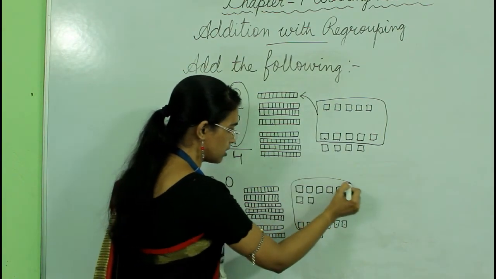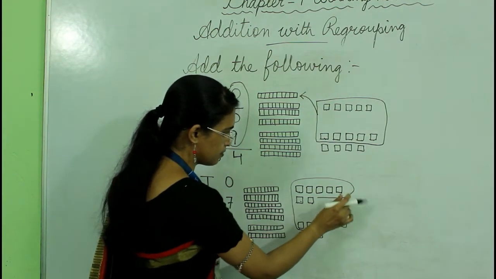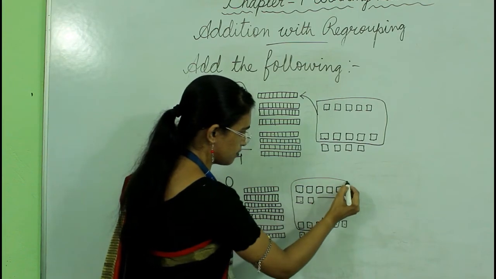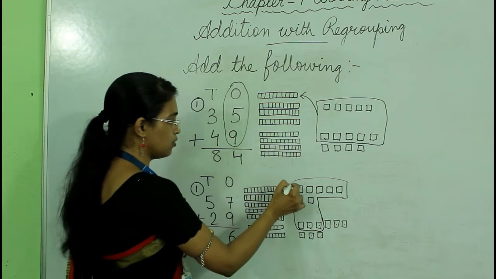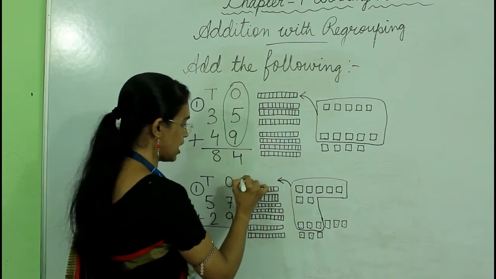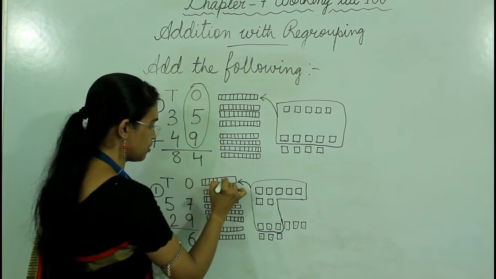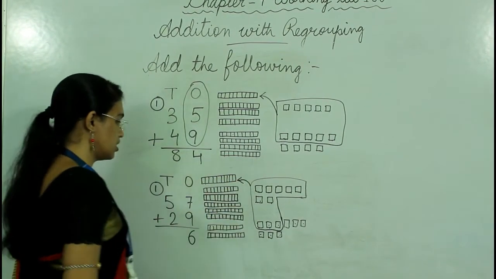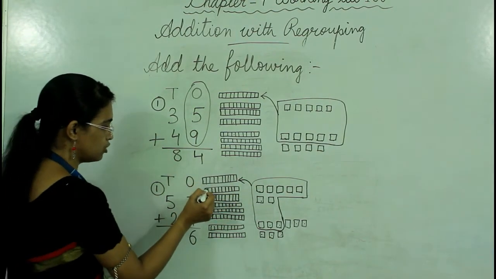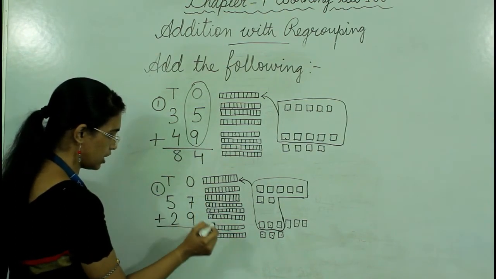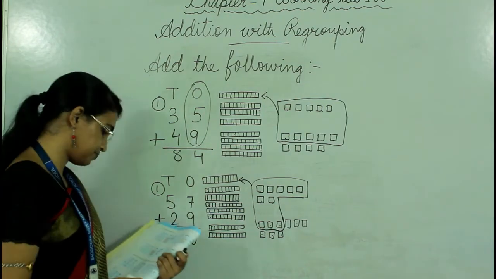Now we arrange them and put them here in tens place. Now after this we have to add all these blocks. 1, 2, 3, 4, 5, 6, 7, 8. So the answer is 86.